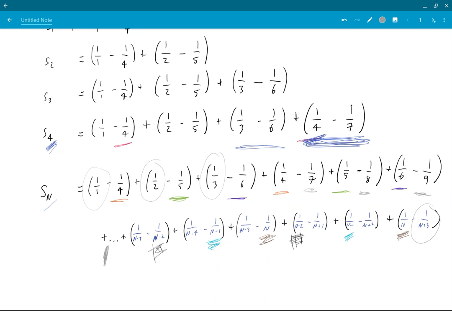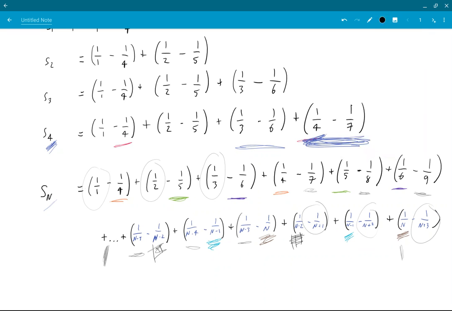Well, it's a minus 1 over n plus 3. Is there a plus 1 over n plus 3 to cancel it? No. The highest I get with pluses for the denominators is plus 1 over n. So the n plus 3 stays, n plus 2 stays, and n plus 1 stays. But everything else is gone.